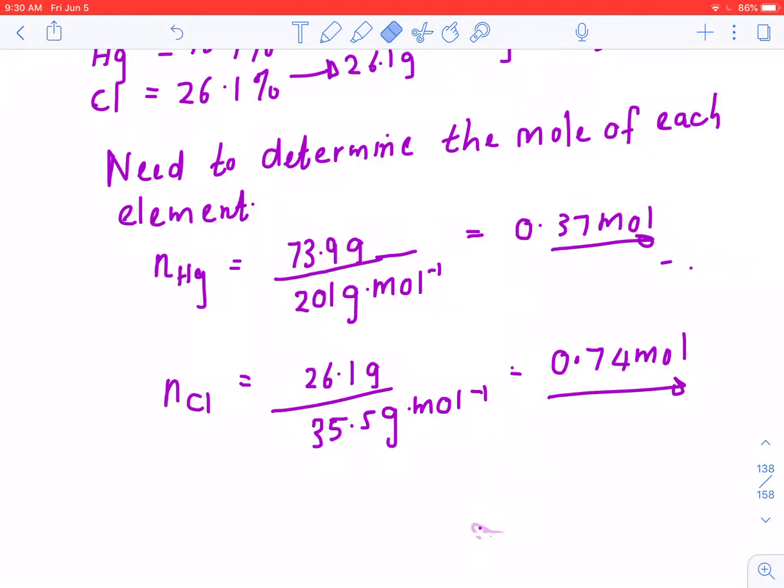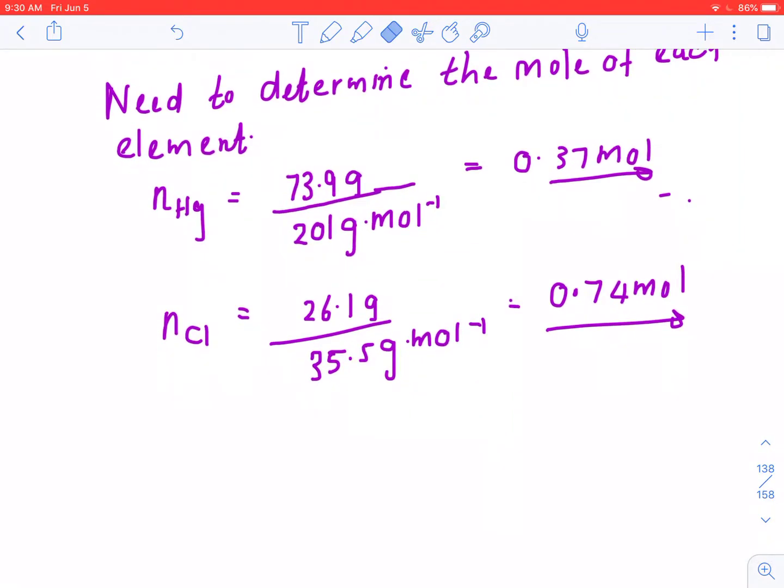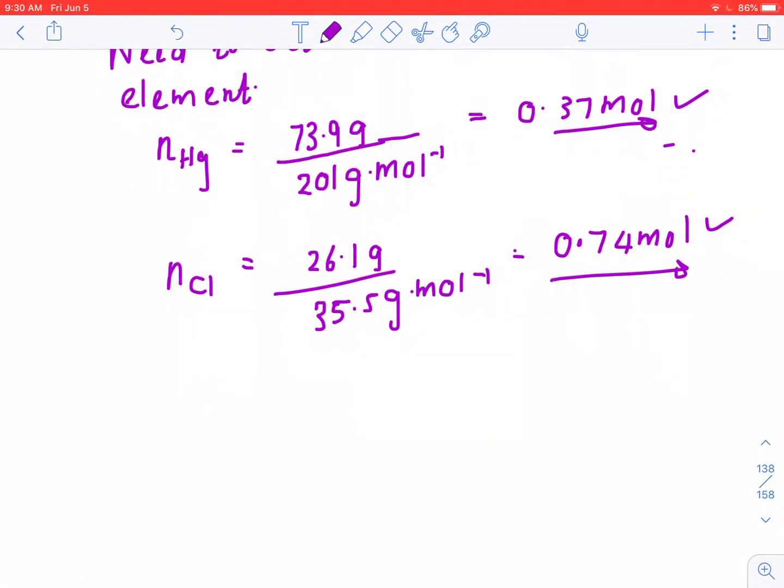So what are we saying here? We have 0.37 moles of mercury and 0.74 moles of chlorine. So N of Hg is to N of Cl, which means I have 0.37 of this and 0.74 moles of this.